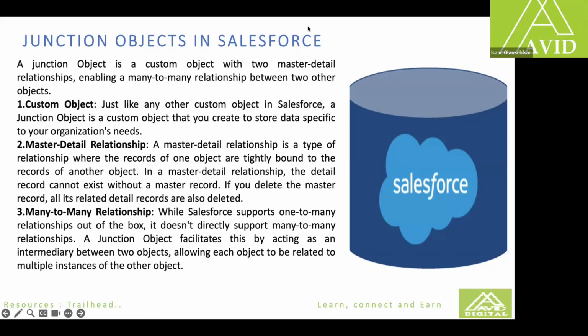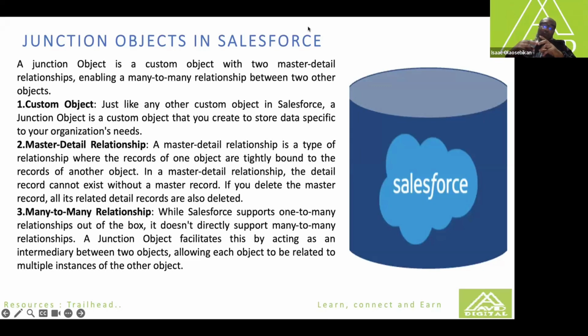So in order to establish this, let's say your course is going to be a master object, then another master object is going to be student. Then you need to establish an enrollment that is going to be in between the two master objects. The enrollment now, in between, will establish what we call a junction object. Then you have two masters having that one custom object as their detail object.